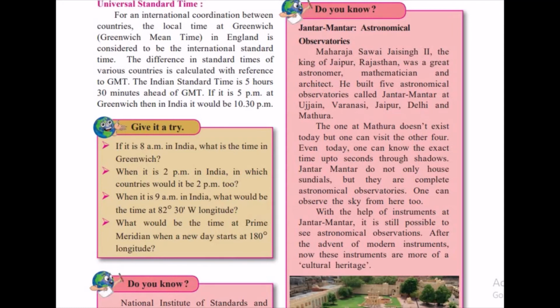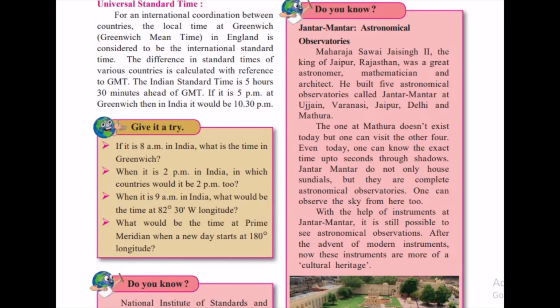He built 5 astronomical observatories called Jantar Mantar at Ujjain, Varanasi, Jaipur, Delhi and Mathura. The one at Mathura does not exist even today, but we can visit the 4 others.